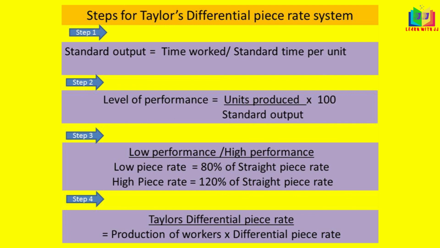So the second step is to find out the level of performance, and the third step is to find out the differential piece rate. Low performance workers will get the low piece rate, high performance workers will get the high piece rate. The fourth step is to calculate the earnings of the worker, which is production of the worker into differential piece rate.